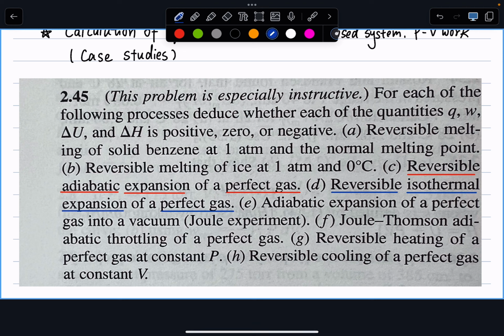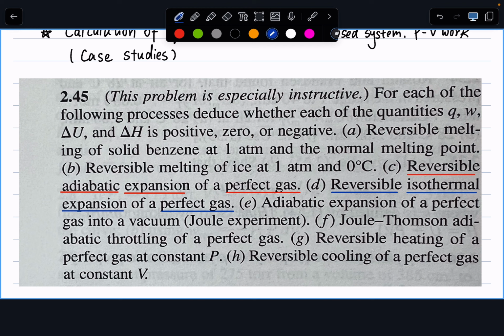Again, reversible expansion. We have our system doing work on the surroundings, so work is negative. And we have an isothermal expansion of a perfect gas, right? So isothermal, the temperature is the same, and for perfect gases at the same temperature, the internal energy delta U is 0, delta H is 0.